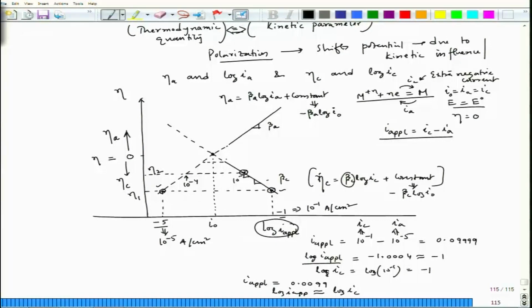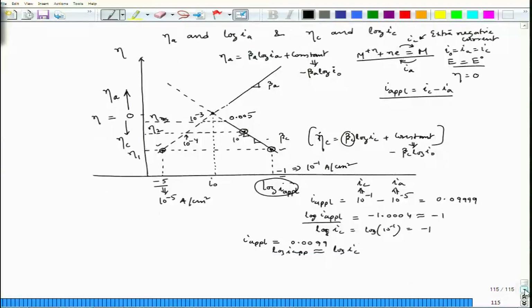But if I go to a much lower overvoltage, let us say eta 3, at that time this value is let us say 10 to the power minus 3, and this point is 0.005, then I will not be able to say that log I applied is equal to log I C, because in this case I applied equal to I C minus I A equal to 0.005 minus 0.001.